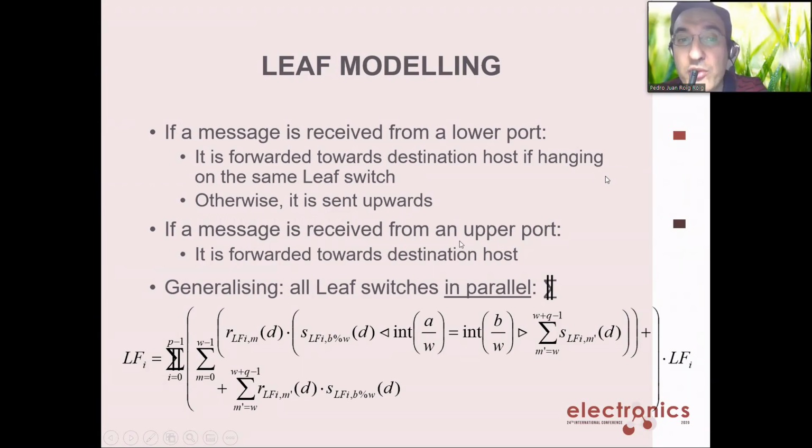Generalizing, meaning putting all leaf switches in a concurrent manner, here we have the algebraic expression for all leaf switches going from 0 to P minus 1, where at this point we have the condition: if the source host and the destination host share the same leaf switch, it performs this action, otherwise it performs the other action.